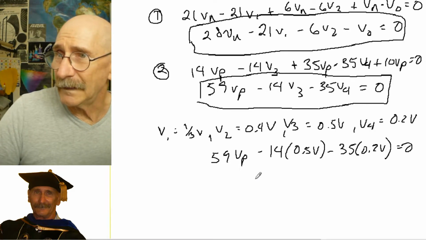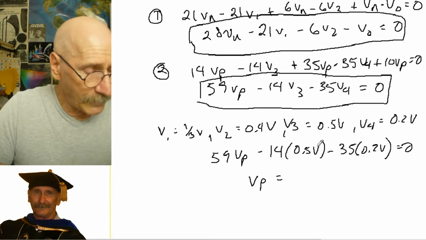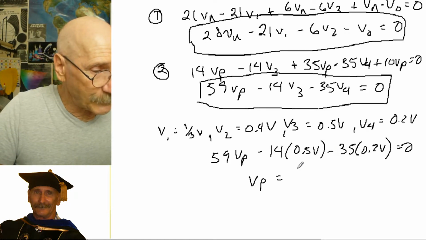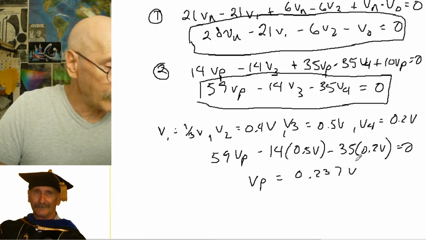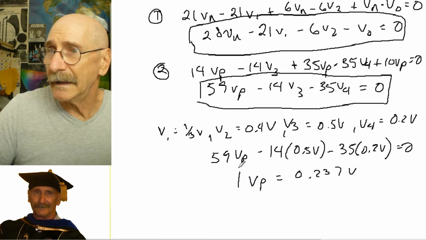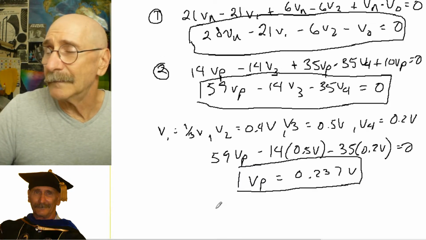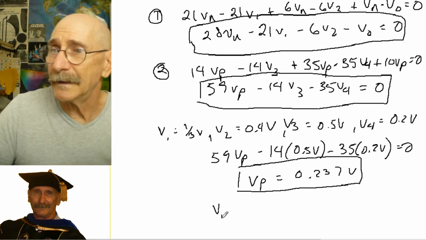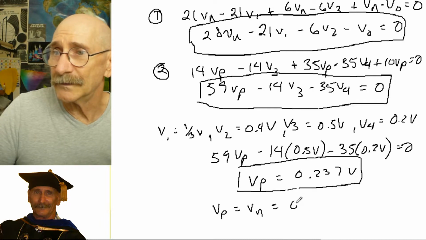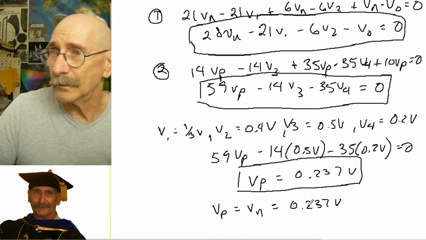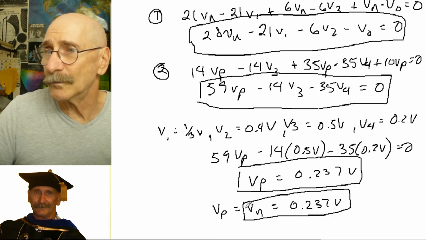So V sub P is equal to 0.237 volts. This is our first solution. In a balanced op-amp, V sub P is going to be equal to V sub N, which is also equal to 0.237 volts. And so this is the second solution we're looking for.